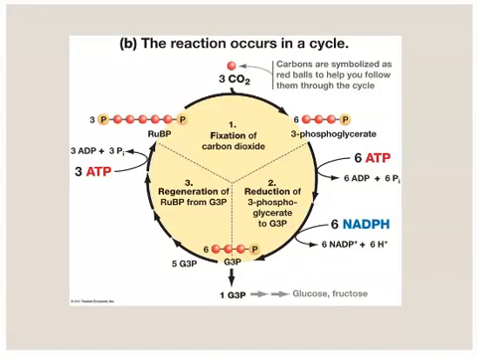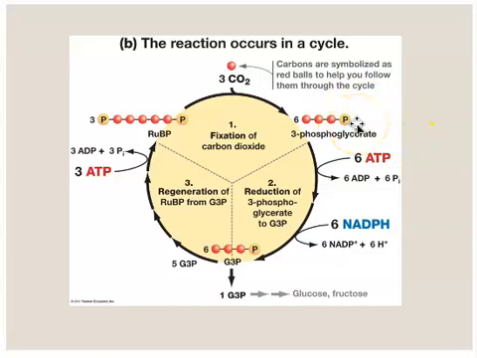On this slide, we can see the Calvin cycle drawn as a cycle, as a circular process. At the top, we can see the carbon dioxide coming in to the cycle and combining with the 5-carbon RUBP molecule. The 5 red circles represent 5 carbons. 5 carbons from RUBP, 1 carbon in CO2, and we get out of that 2 3-carbon molecules, 3-phosphoglycerate.